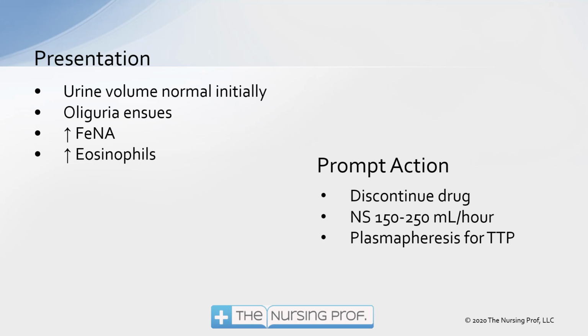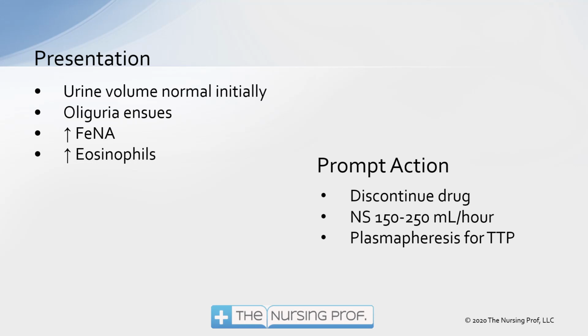But as the kidney tries to heal and starts putting tape on that filter, then we're going to start to see oliguria because the filter's not going to work as well, and we're going to have less filtration occurring as it starts to heal. So oliguria will ensue, but it's not going to be the initial presentation like we see in pre-renal. We'll also see an increase in our fraction of excreted sodium, an increase in eosinophils in the urine.